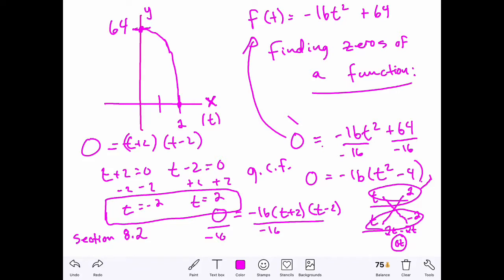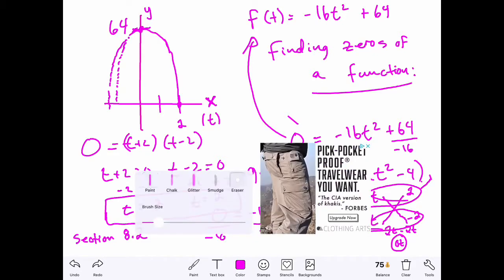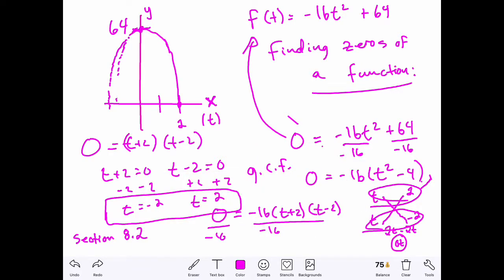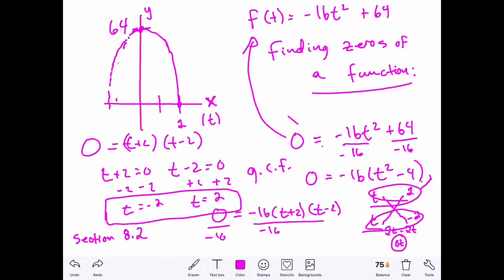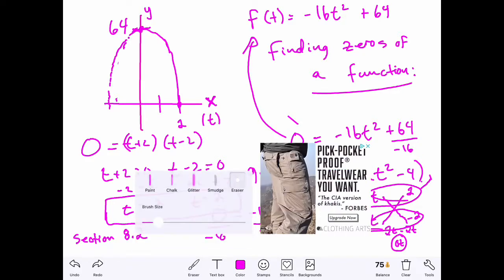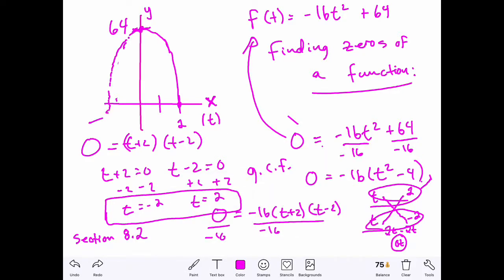And of course, if this were a parabola that came back around to here, then this would be at negative 2. But of course, we don't have that.